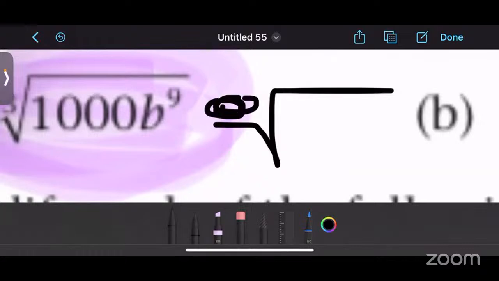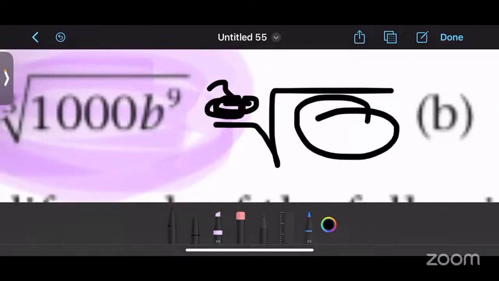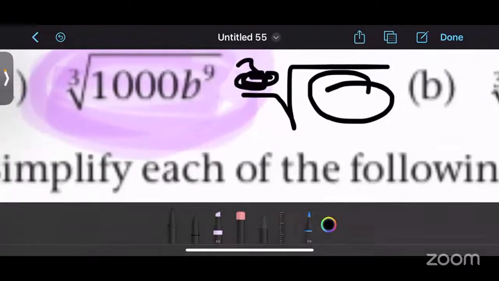When we have a root name, we start with whatever is written here, right? If there's nothing here, it's a square root, okay? And once there's a number, if it's three, you can't say three root. It's a cube root, cube root of whatever is inside here. If we have four, it's a fourth root.